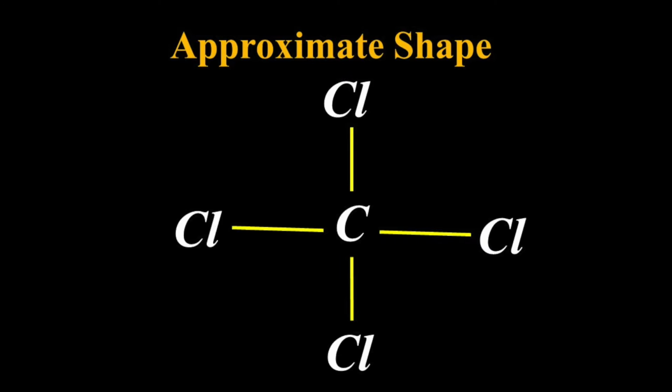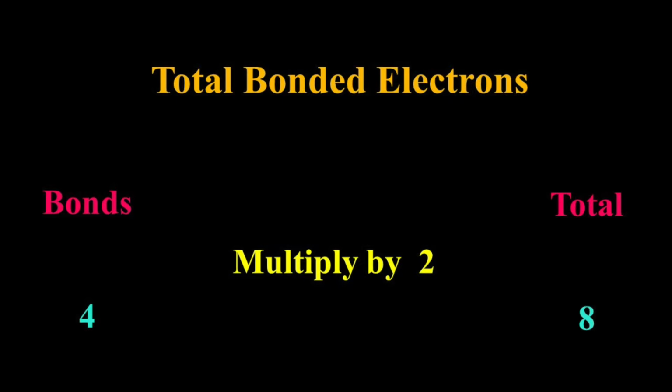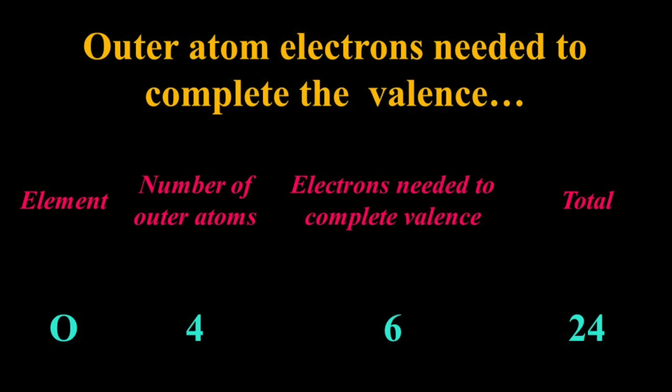So, however, it's a fairly interesting substance. It has a total valence of 32 based on carbon and then 4 chlorines. It has 4 bonds that we know of right now. That's 8. And then it has 4 chlorines around it, so that's 24 electrons.